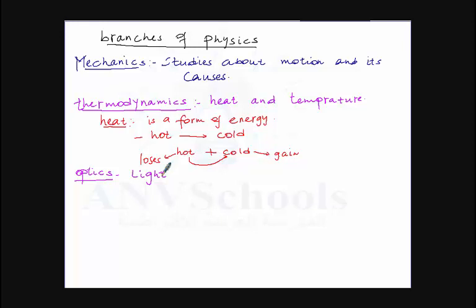The other branch of physics is wave and mechanical physics, or wave physics. This branch of physics studies about how waves are produced, or how sound travels in a given material or in a medium, or how vibration is produced.